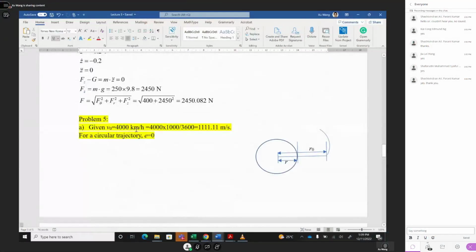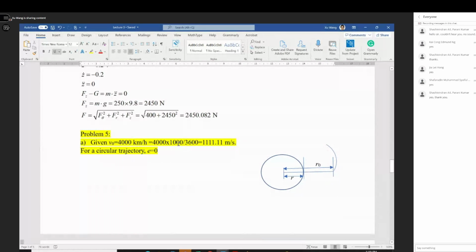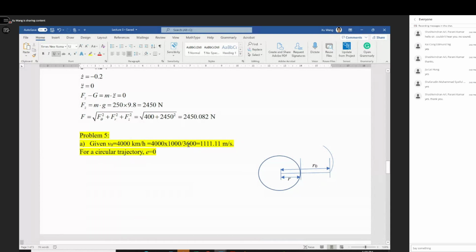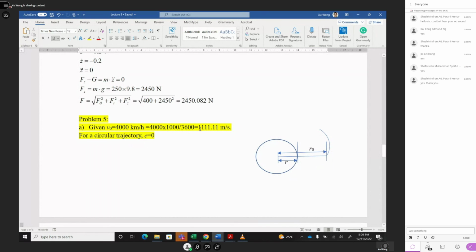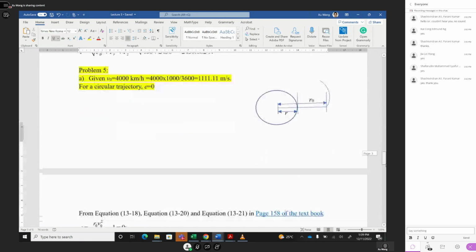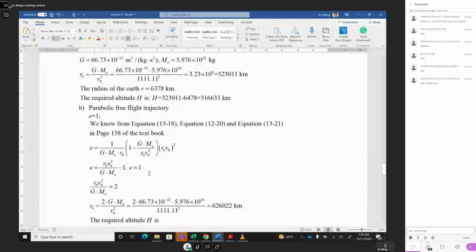Initial velocity is 4,000 kilometers per hour. You change into SI units. Kilometer becomes 1,000 meters, hour divided by 3,600, and this gives V0 equal to 1,111.11 meters per second. So that's V0. You put V0 here.